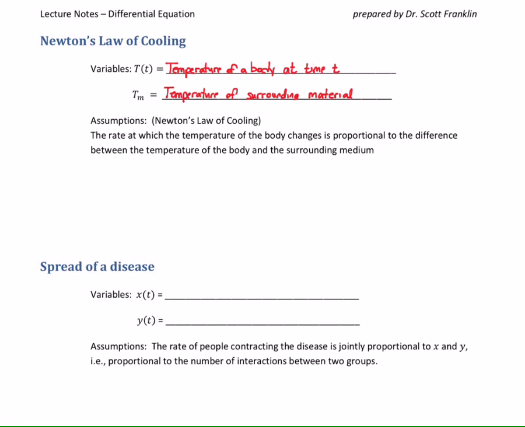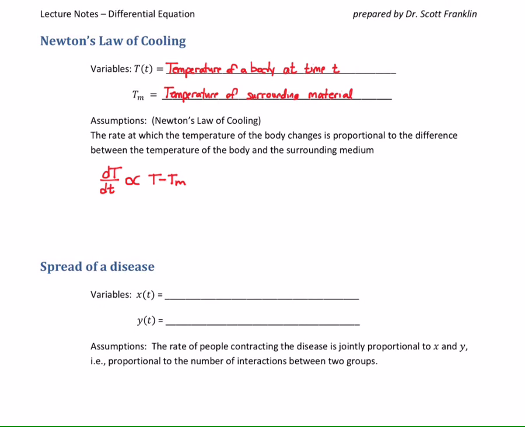Okay? But let's assume for now that the temperature is fixed at T sub M. So now you're going to model exactly what it says here: the rate at which the temperature changes is proportional to the difference. Before, it was proportional to just the dependent variable of the function. But now it's going to be proportional to a difference, right?